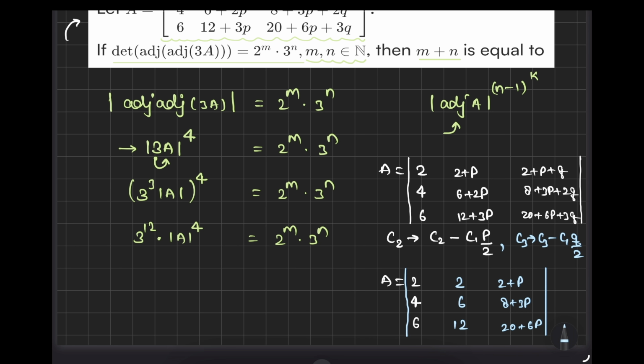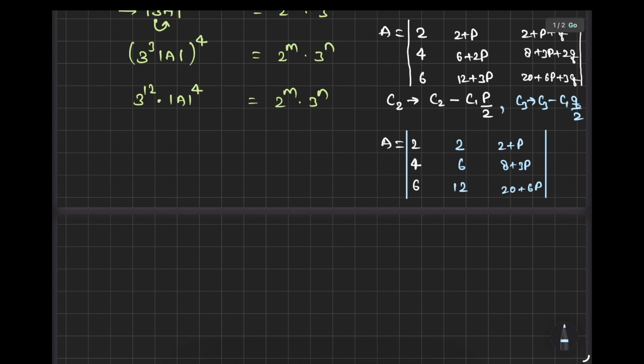Now we have to do a few more manipulations. Now look at this idea. If you observe, now you can eradicate p by using the second column. So can I write column 3 as column 3 minus column 2 times p by 2?